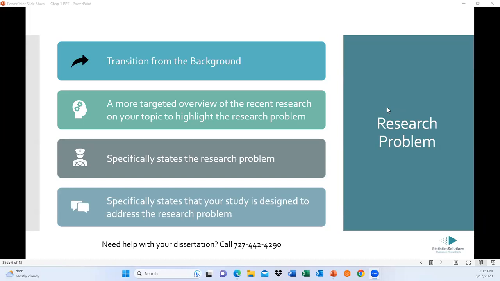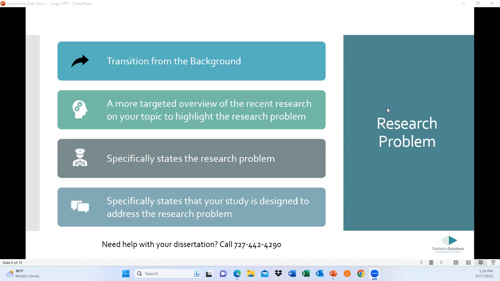Okay, so the research problem section then sets that up, right? Part of what you're doing here is, again, framing your research problem by what's out there, in the recent research on the topic. And in doing that, you're going to highlight what's not there or what's still needed, right?